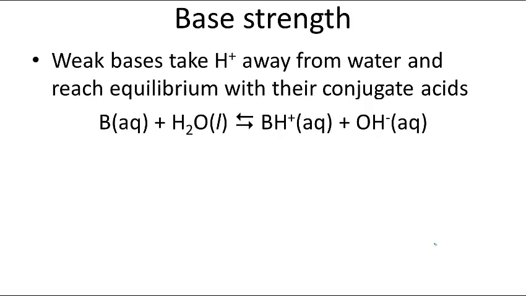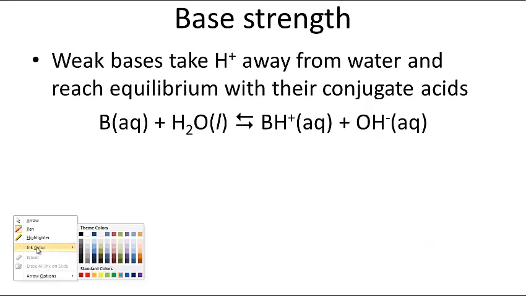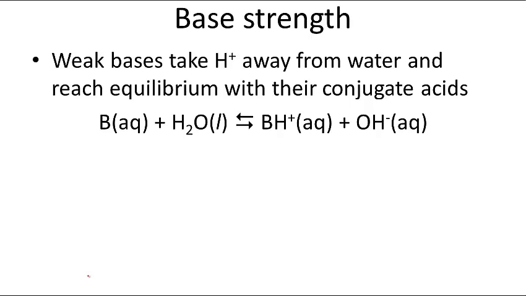And then we can have weak bases. So weak bases reach equilibrium with their conjugate acid. Remember, in this equilibrium, this thing over here, BH plus, is what we call the conjugate acid of the base. So here there will be an equilibrium.